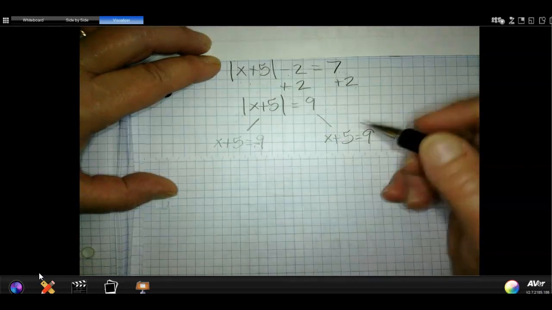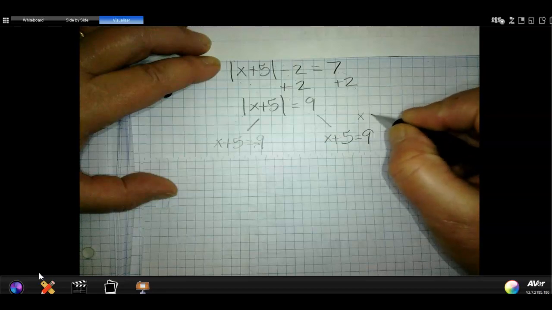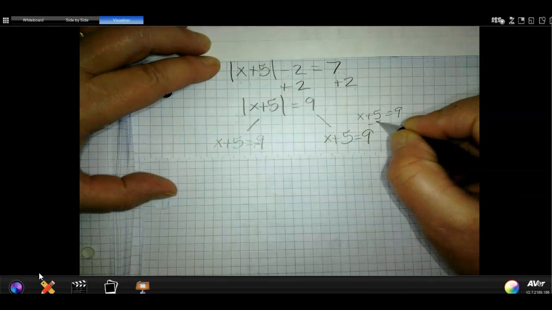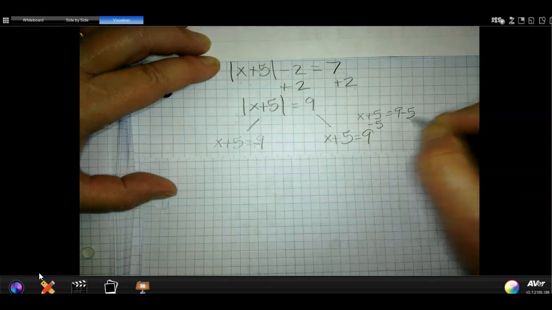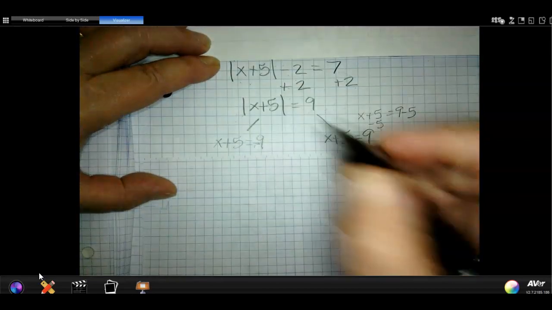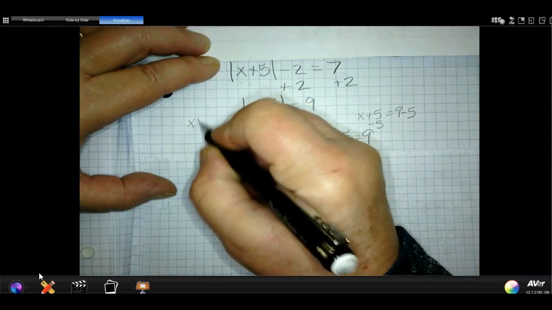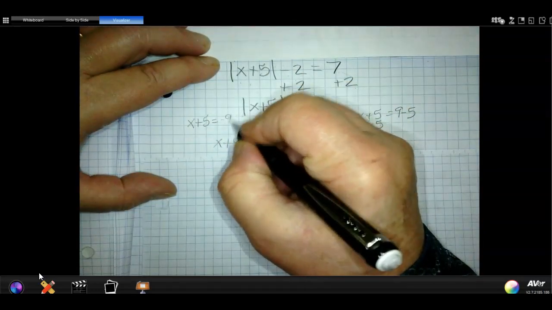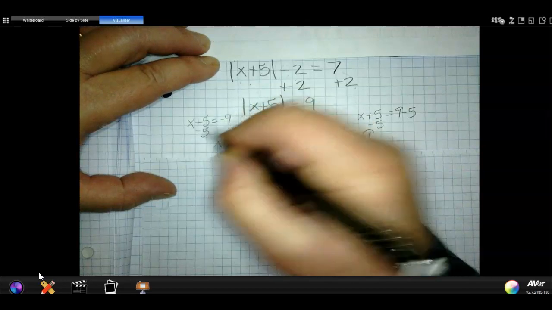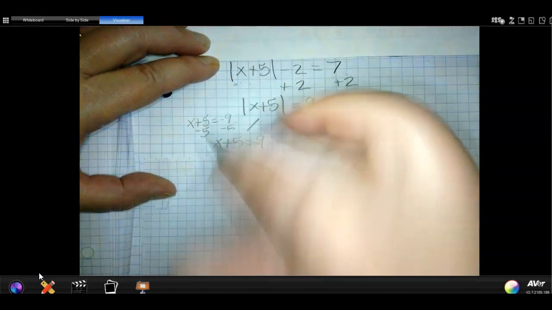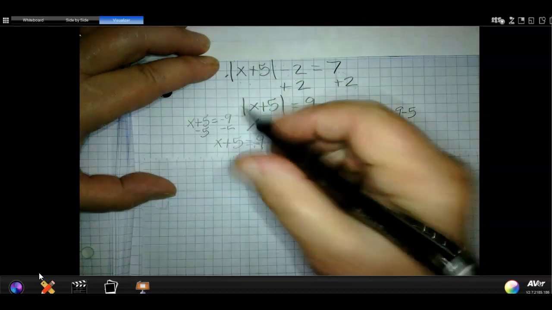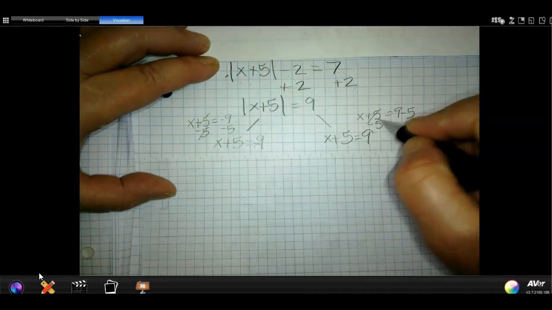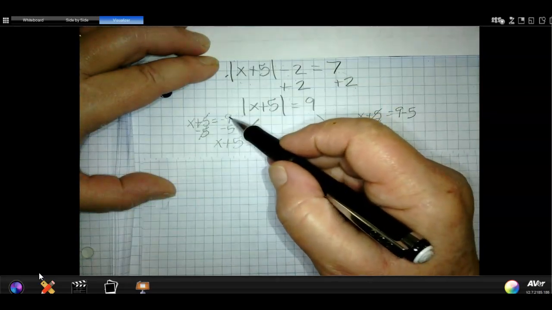Okay, so here we go. X plus 5 equals 9, minus 5, minus 5. And over here, let's do the same thing. X plus 5 equals negative 9. Subtract 5, subtract 5. Okay, so let's finish this up.